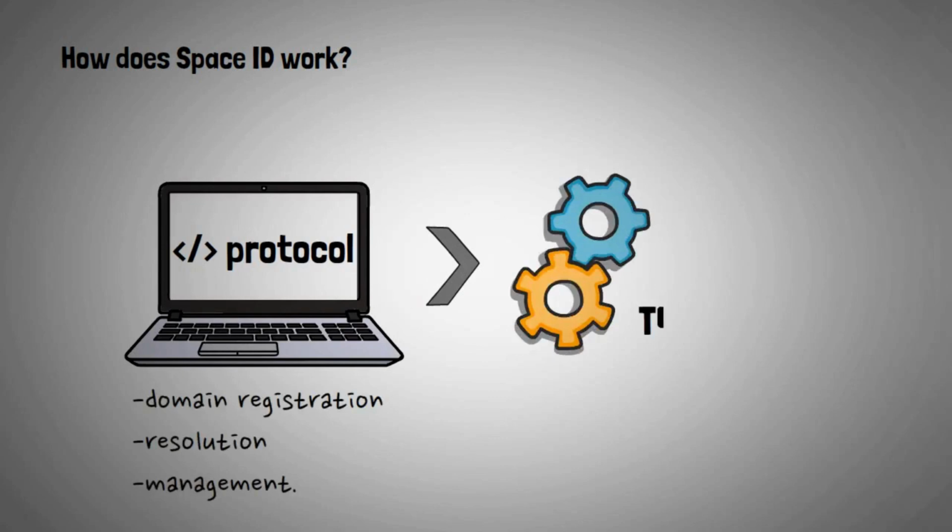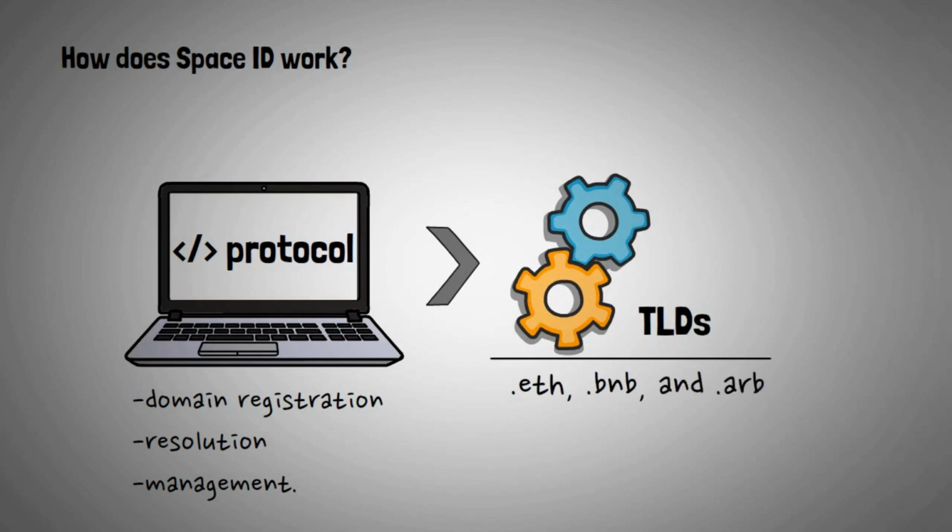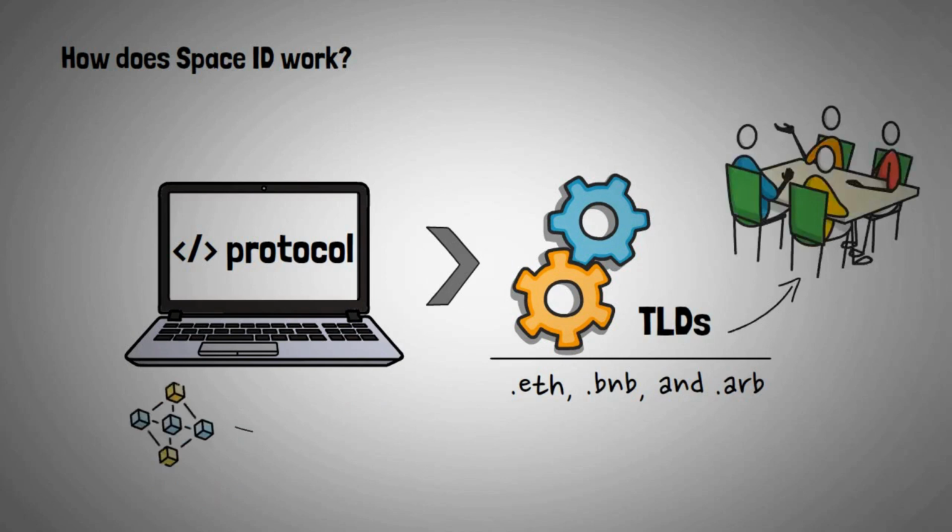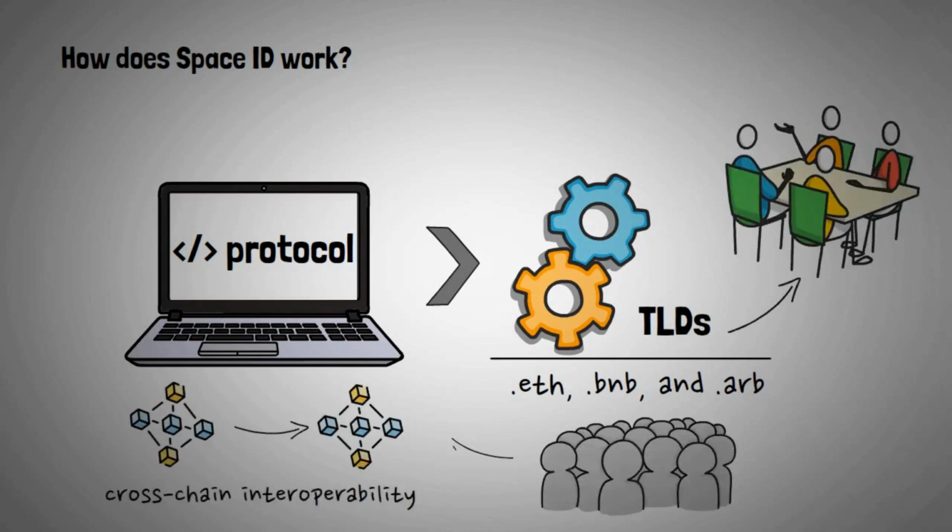It supports multiple top-level domains, or TLDs, like .eth for Ethereum, .bnb, and .arb for Arbitrum, as well as custom TLDs that can be created by communities.